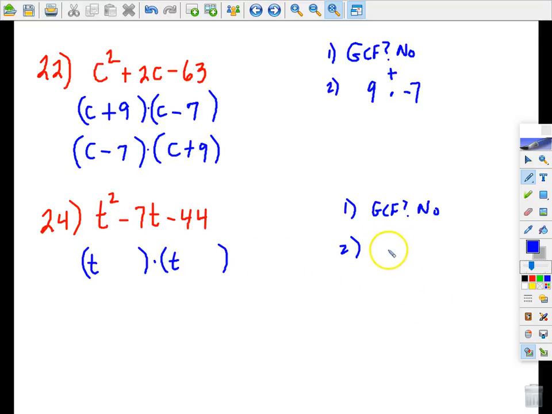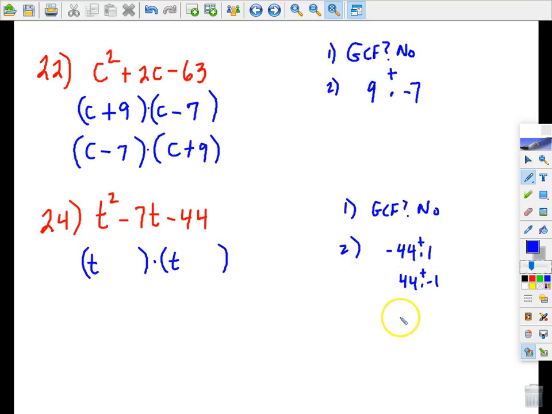Negative 44 times 1 and 44 times negative 1. Both of those equal negative 44 when multiplied, but neither of them when added would equal negative 7. So you could try 22 times, or negative 22 times 2 and vice versa, but that's not going to work.